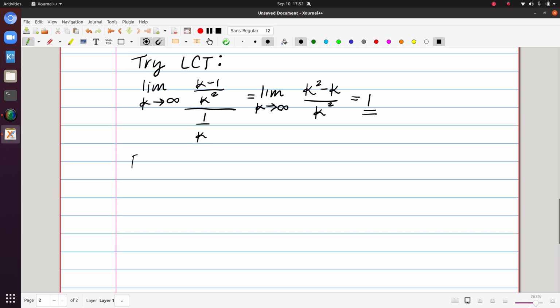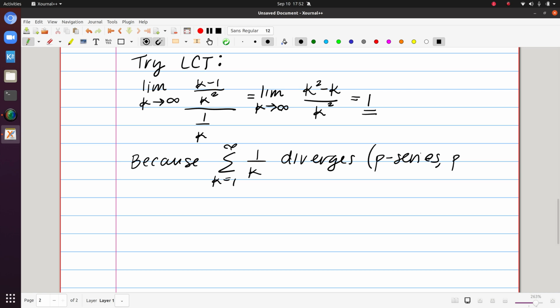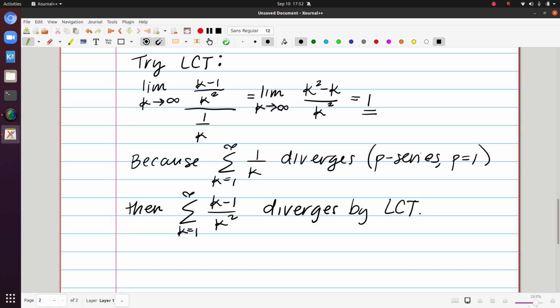So what I can reference now is that because I know that the sum of 1 over k diverges, and again, we know that because that's a p-series with p equals 1, then I can say that the other series, which has terms k minus 1 over k squared, that diverges. And that's because we know that they behave the same. And this is by the limit comparison test.